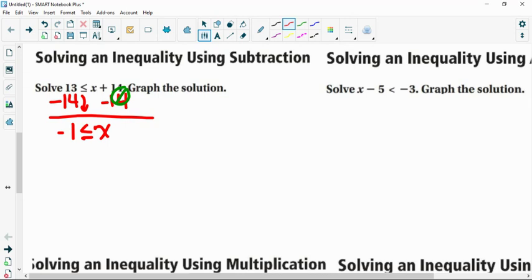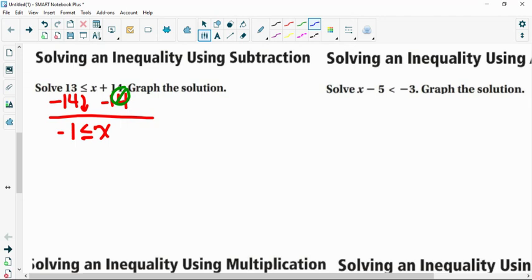Before actually graphing it, one of the things I want to suggest to you is to take the inequality and put the x, or the variable, on the left side. Since I'm trying to figure out if x is greater than or less than or equal to something, let's put x in front.